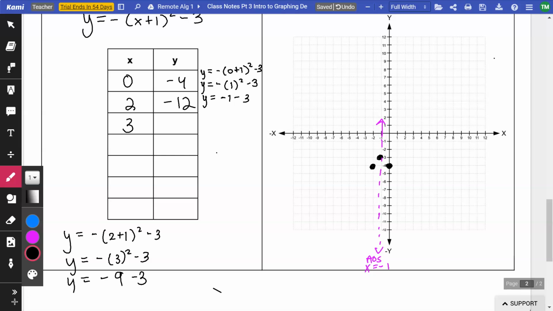So at 2, we would have negative 12. Well, this point is 1, 2, 3 away from the axis of symmetry. So on the other side, 1, 2, 3 away. So we don't actually need to plug in this 3 because we have enough points here to give us a clear picture of what this parabola is doing, and we can go ahead and just draw on the parabola.